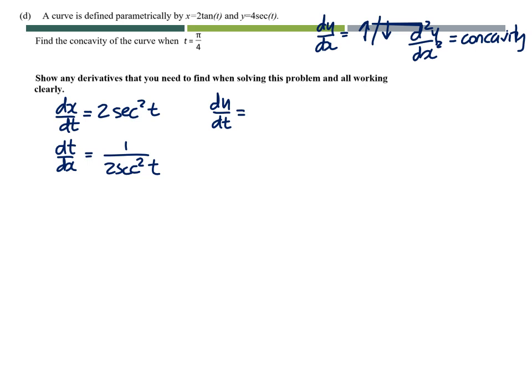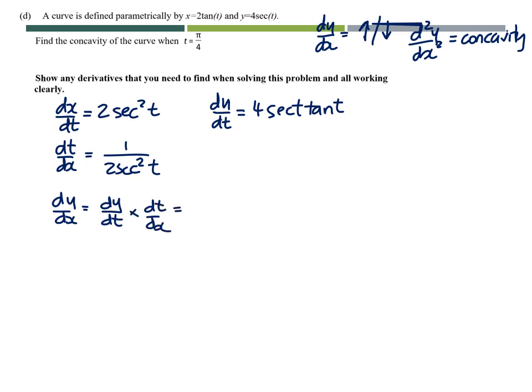Must differentiate to be 4 sec t tan t, wasn't it? Is that right? Happy with that? Okay. So now combining these to get dy by dx. I do that by multiplying dy over dt by dt over dx.